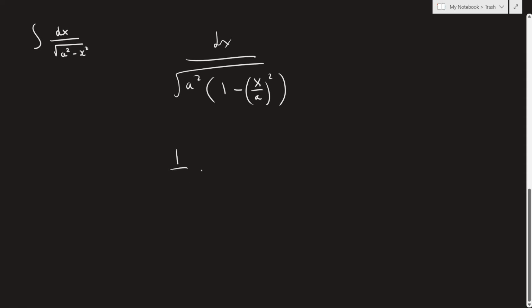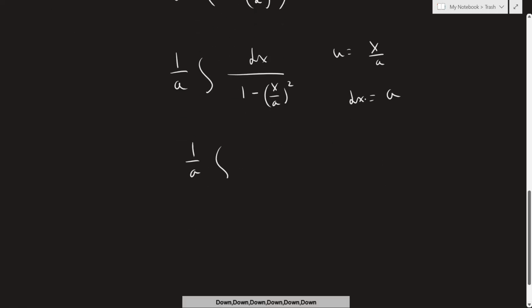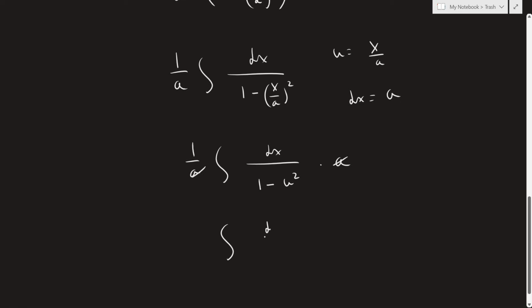So it's going to be 1 over a, dx over the root of 1 minus x over a squared. Take u to be x over a. So dx will be a du. So it's going to be 1 over a, just like we did before. So du over the root of 1 minus u squared times a. We can cancel the a here and here. So it's going to be du over the root of 1 minus u squared.